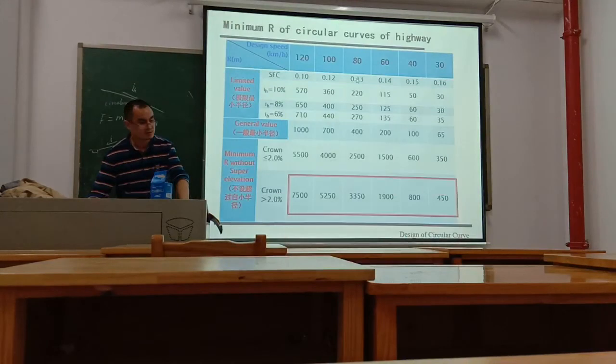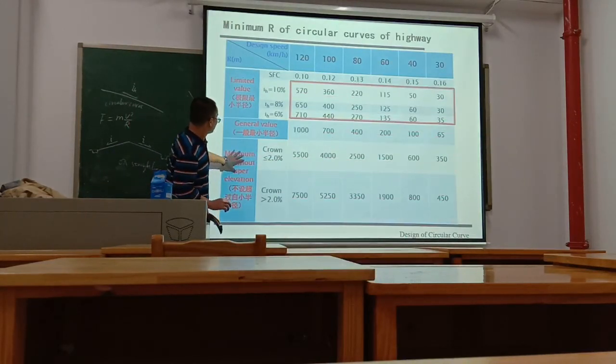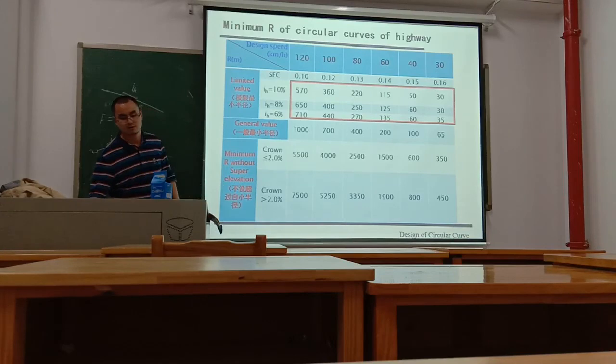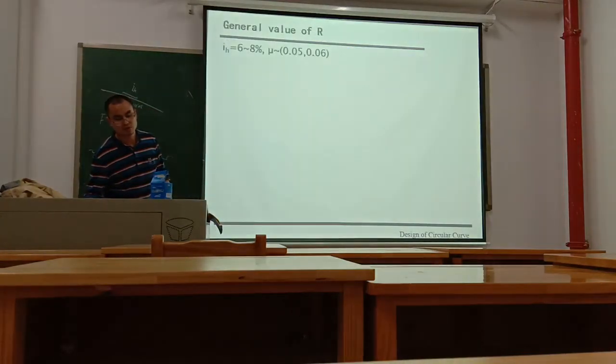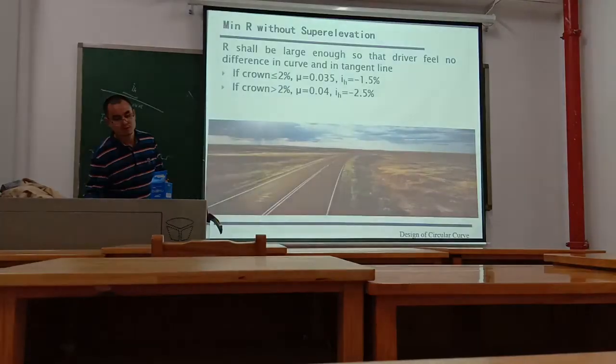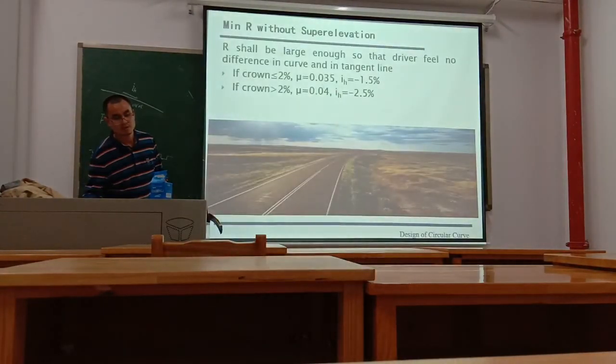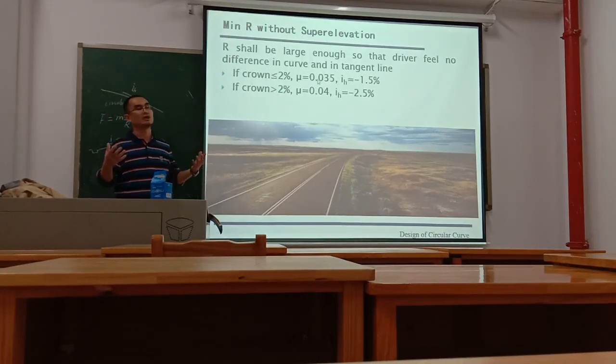And this part, minimum R without super elevation, is according to this condition. Mu is different and IH is different.